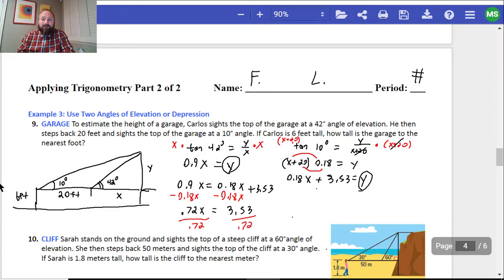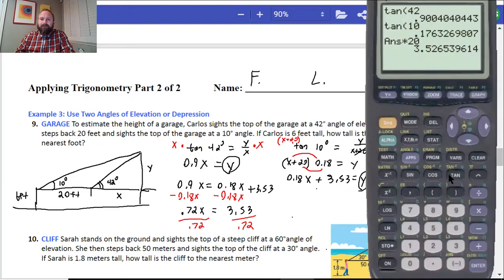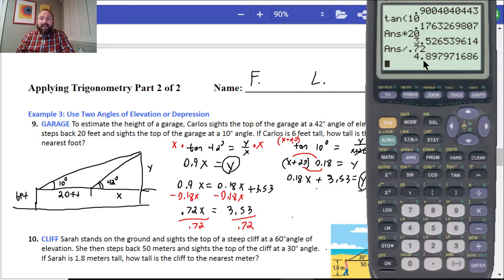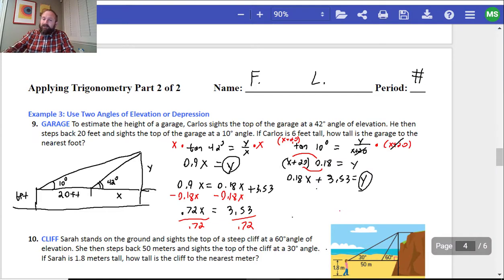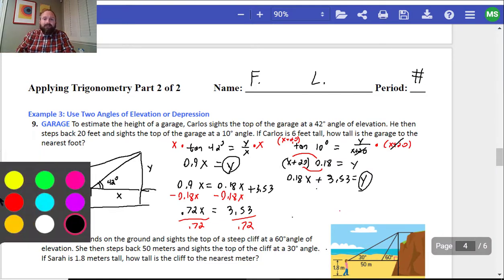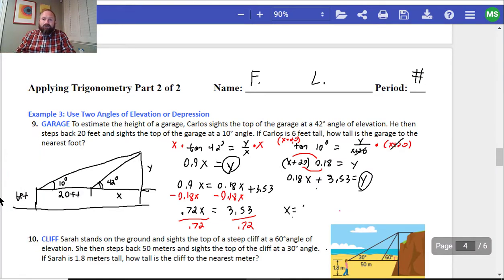We will figure out what x equals. Alright? Divided by 0.72. So x equals 4.9. Alright. x equals 4.9, and technically it's going to be feet.